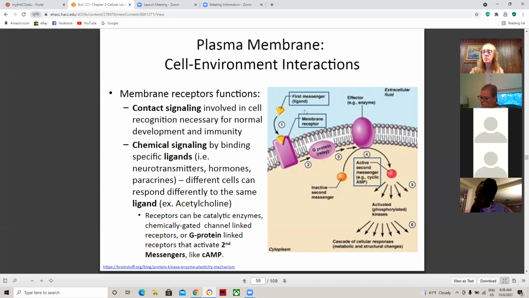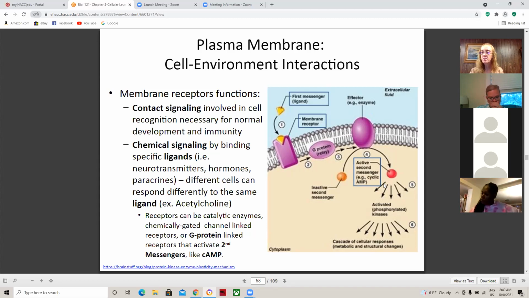So the first messenger was the ligand. The G protein activates an effector enzyme, which then activates second messengers, one of which is possibly cyclic AMP. If you remember, we talked about how this was an adenosine derivative at the very end of chapter 2.